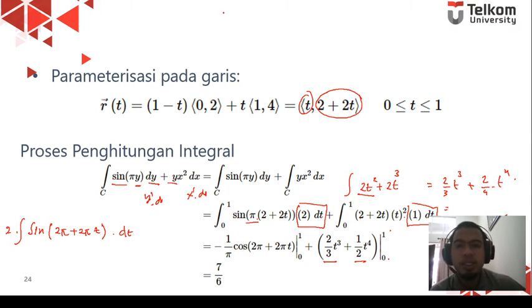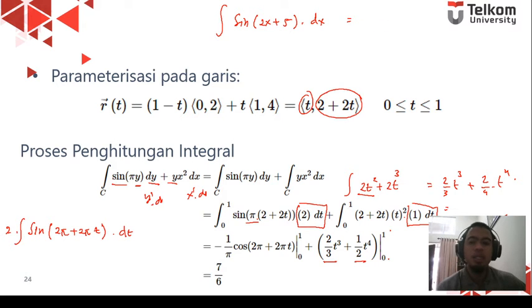As we mentioned, if we have the integral of sin(2x + 5) dx, what is the integral? The integral should be equal to 1 over the derivative of 2x + 5, which is 2, times the integral of sin, which is minus cos of 2x.